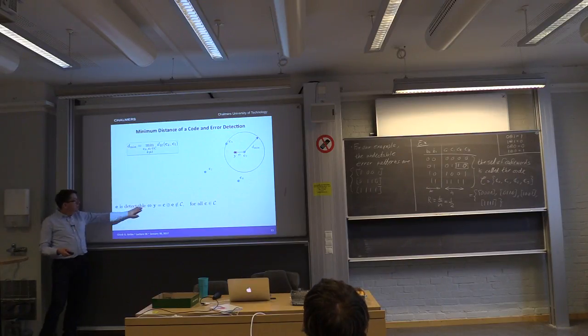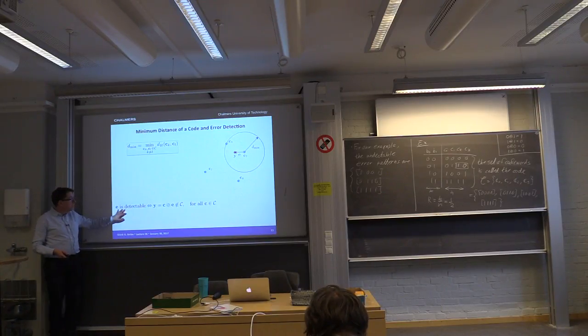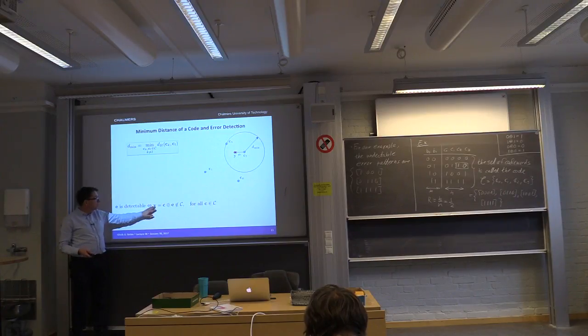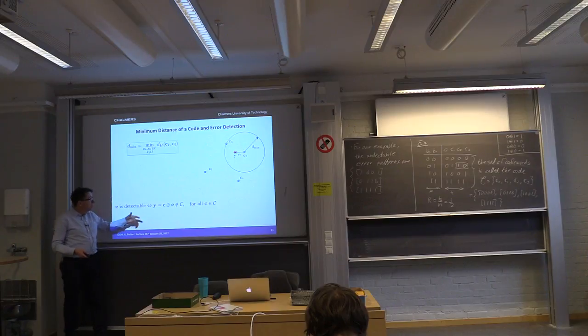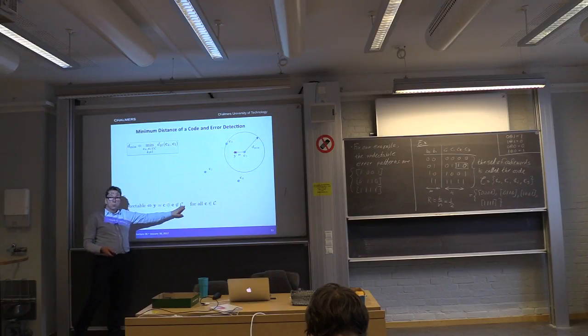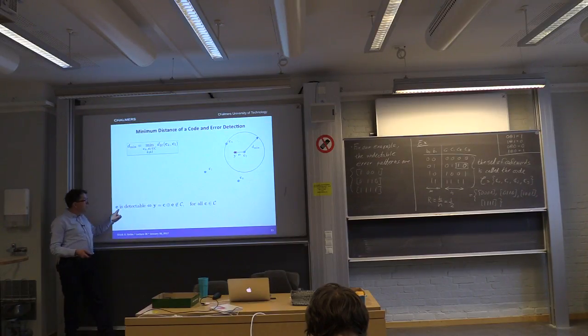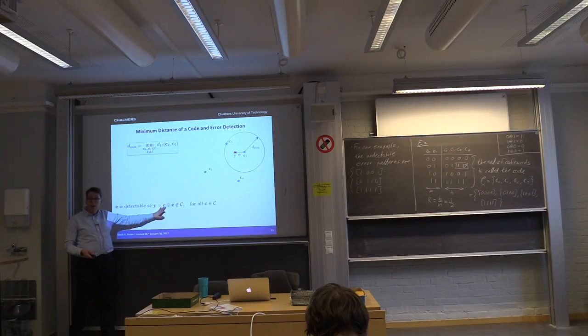We say that E is detectable. That is the same to say that the output Y, which is C plus the error pattern, is not a code word. So E is detectable if and only if this is true, right? That is, we take the transmitted code word and add it to the error pattern, and then we get a Y. That should not be a code word.